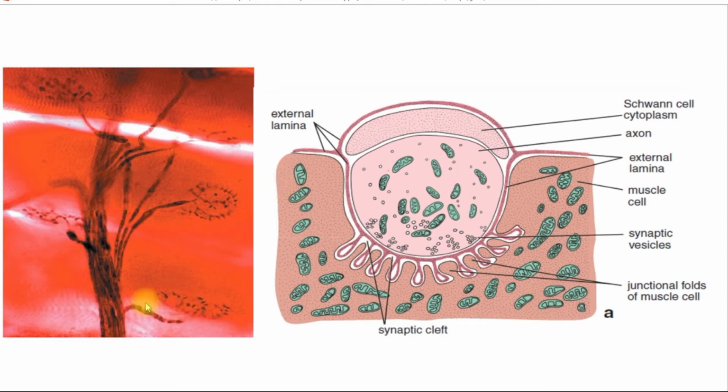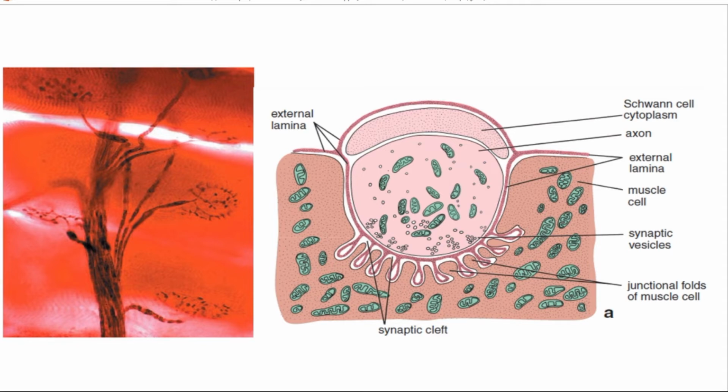And also there are nerves, there are branching nerves inside the muscles. They send their branches to different muscle fibers, and you should know that each individual muscle fiber receives innervation from different nerves.